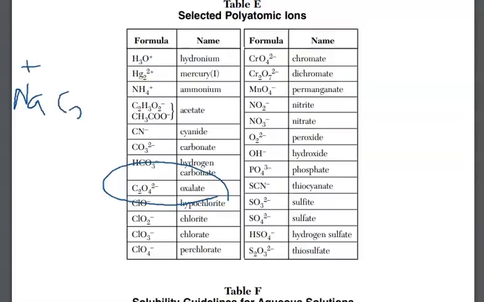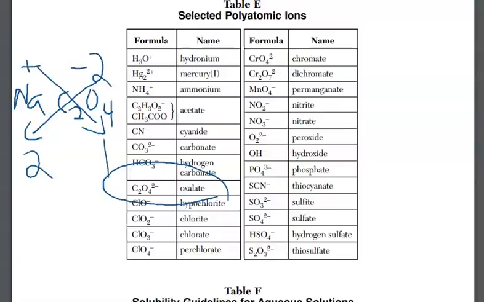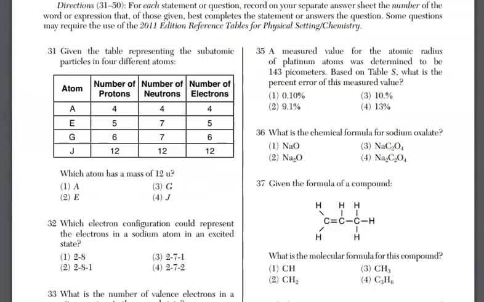Oxalate, C2O4, -2, meaning it's gaining 2. What am I going to do? I'm going to crisscross the numbers to balance out the electrons lost and gained. That means I need sodium with 2, Na2C2O4. Let's go back. And with that, we end up with choice 4.